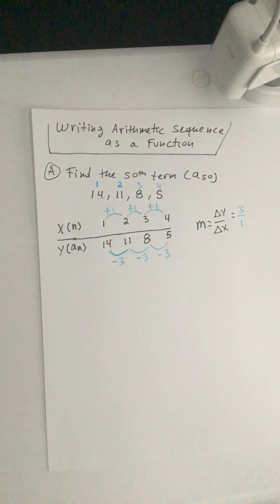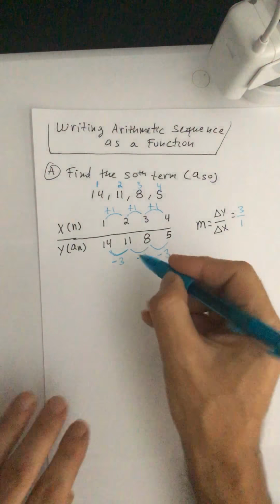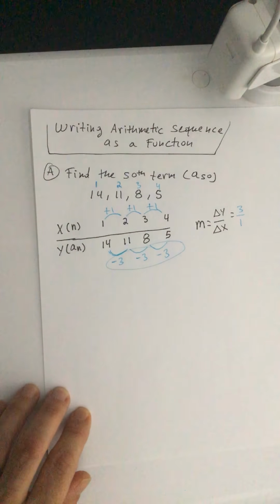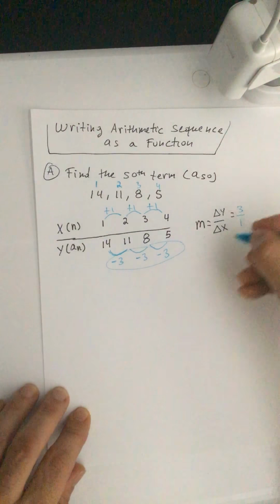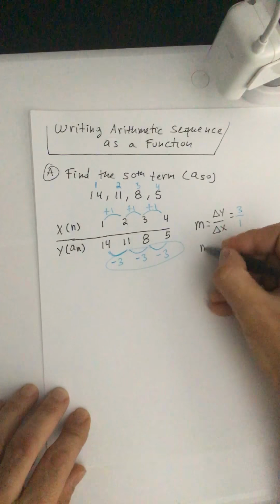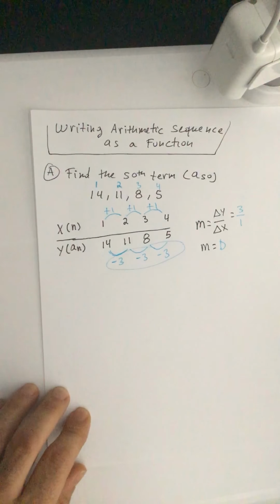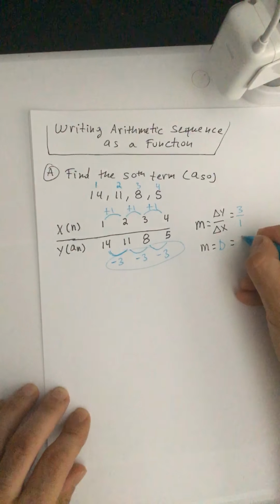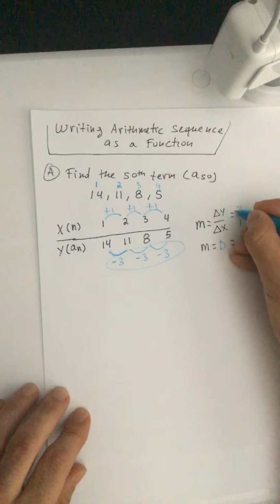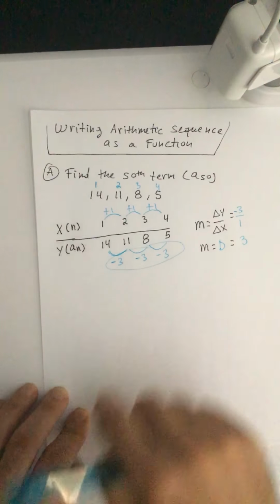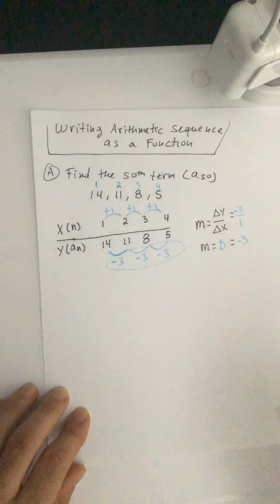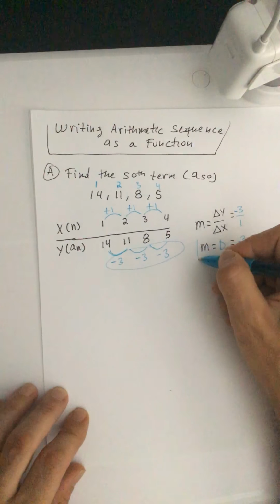Basically, your slope in an arithmetic sequence is going to be your common difference. So your slope m is going to be your d, and that is equal to 3 over 1. Oh, sorry, that's -3. I forgot about the sign. So we got the slope already.